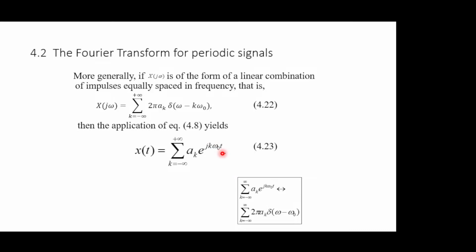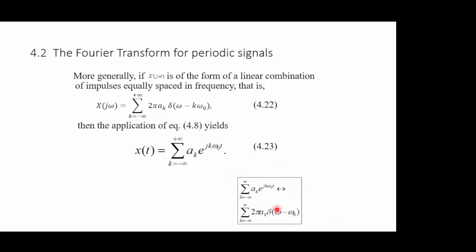So if your big X is a summation of a whole bunch of delta functions with equal spacing at k omega naught, then that corresponds to an x that has Fourier series coefficients a k.